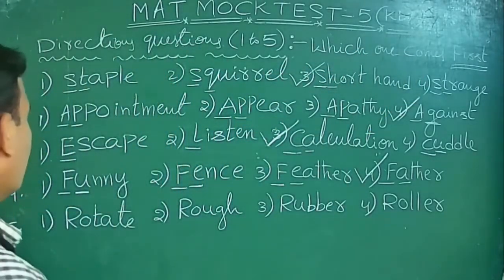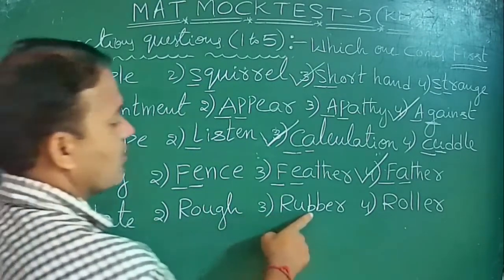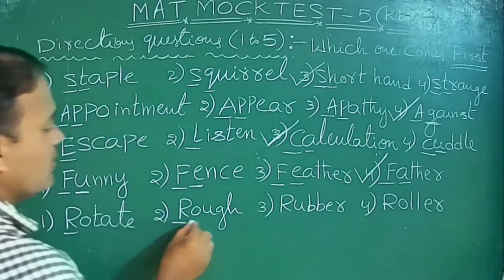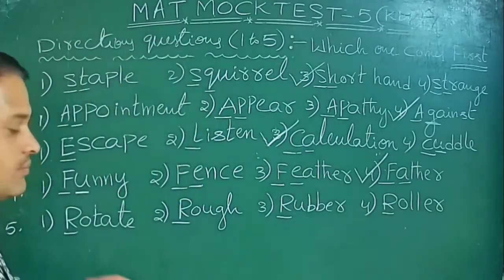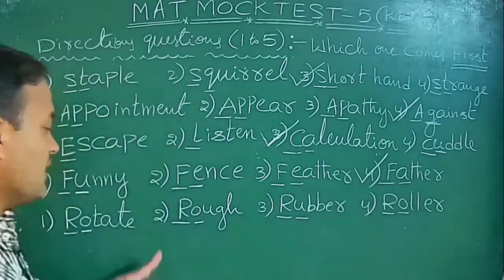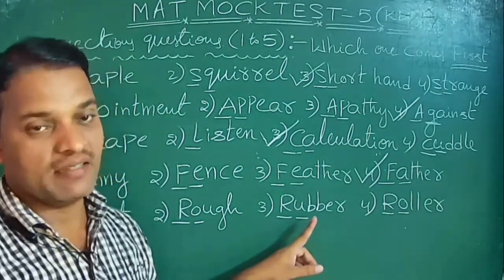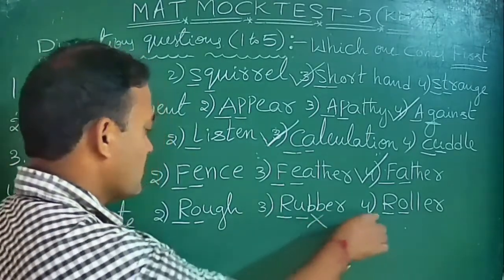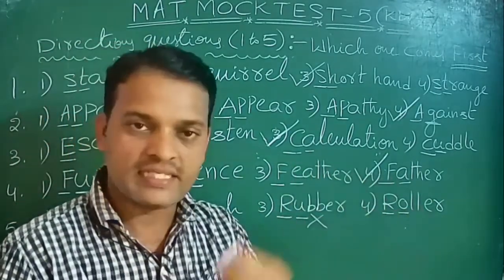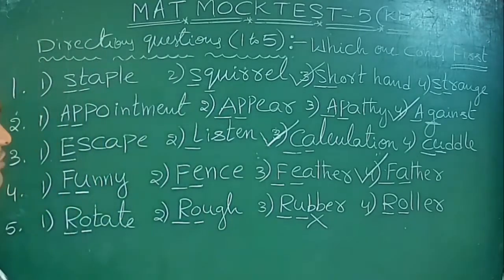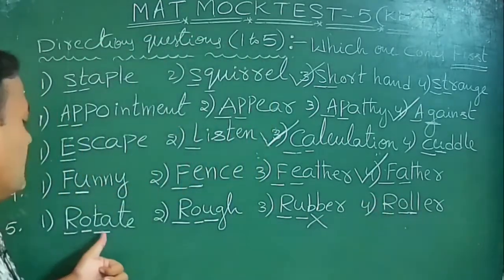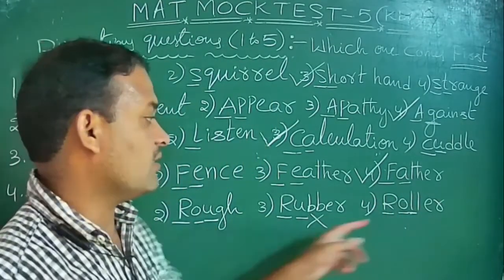The fifth one is rotate, rough, rubber, roller. Which one comes first? First letter R, and here also R. Next O, U, U, O. O is 15, U is 21, so these three words will come first compared to this one. Among these, to decide which comes first in dictionary order, observe the third letter: T, U, U and L. T is 20, U is 21, L is 12.